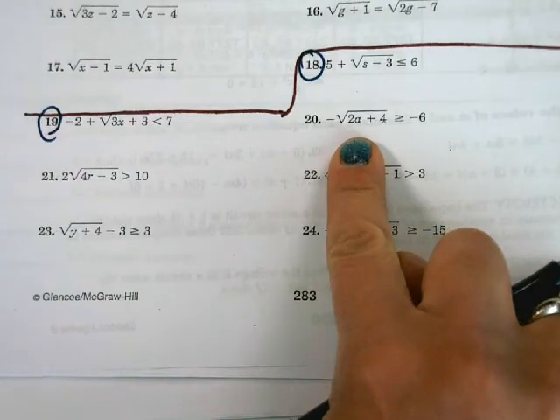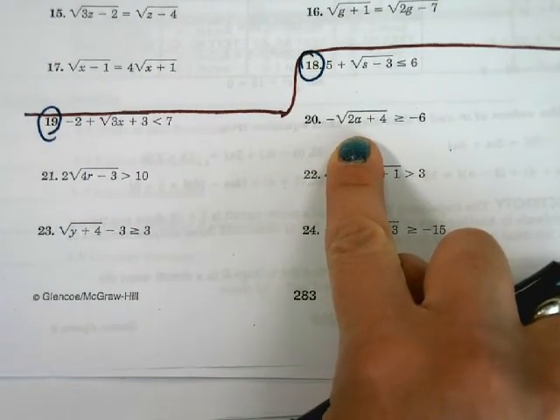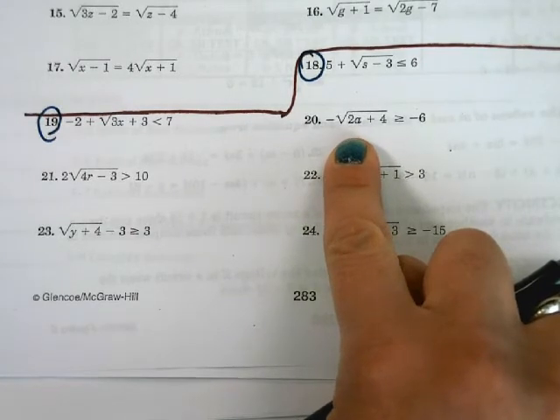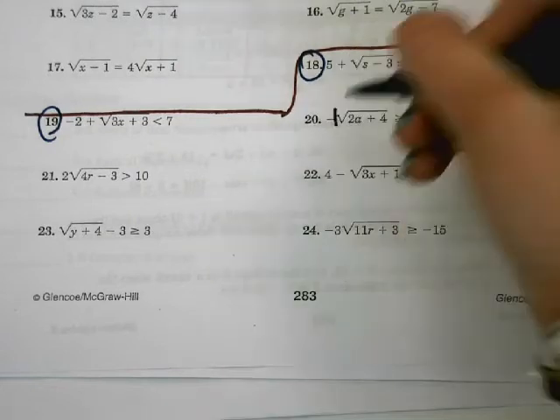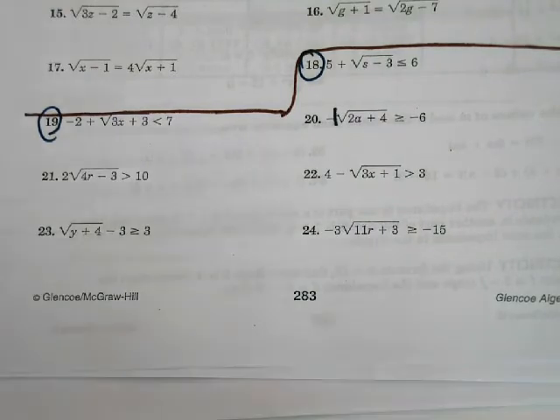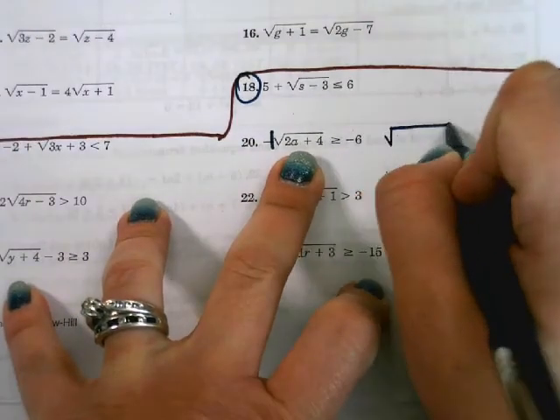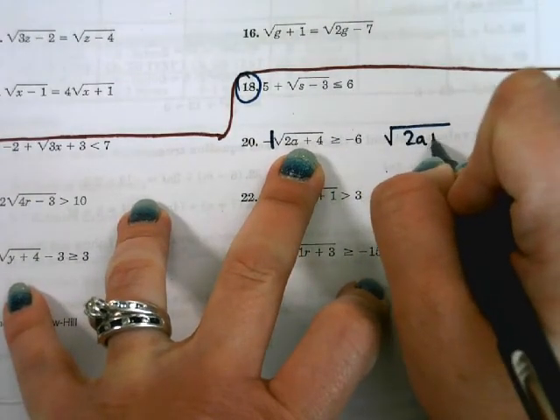How about 20? Ooh, that's a greater than, but what's crazy about that guy? There's a negative out front, right? So I'm going to give him a 1. And what happens when I multiply or divide by a negative? Flip the inequality, right? So this guy, after I divide by a negative 1, becomes the square root of 2a plus 4.